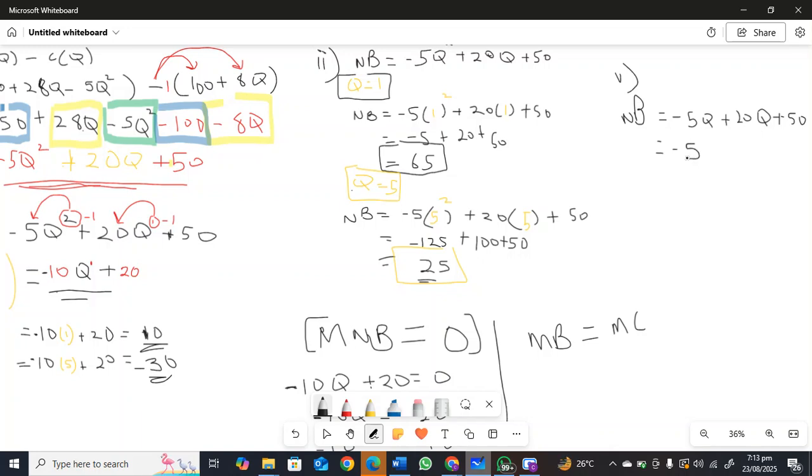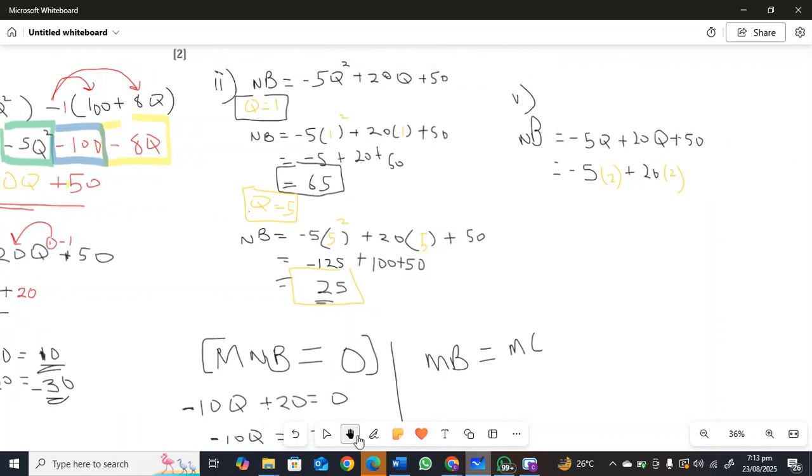So we substitute Q with 2: negative 5 times 2 squared plus 20 times 2 plus 50.